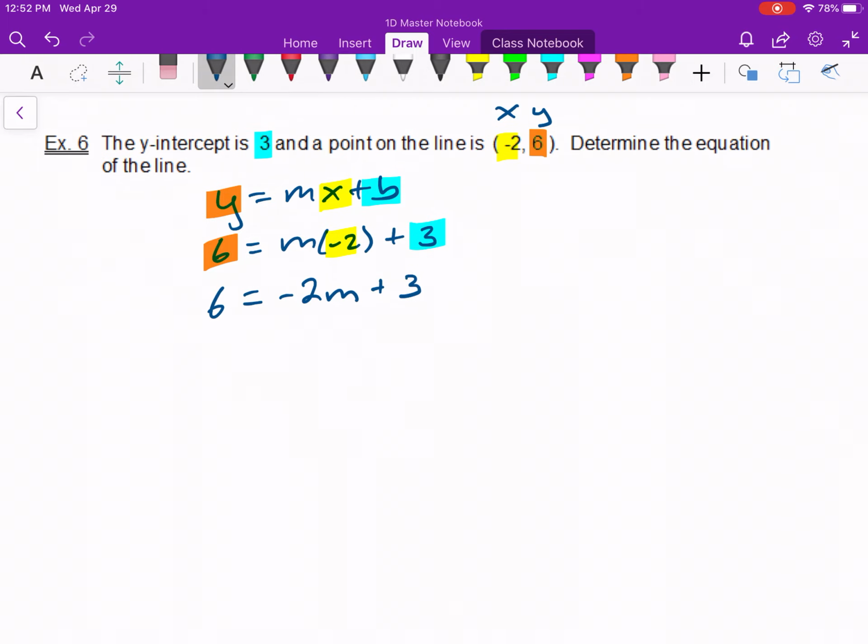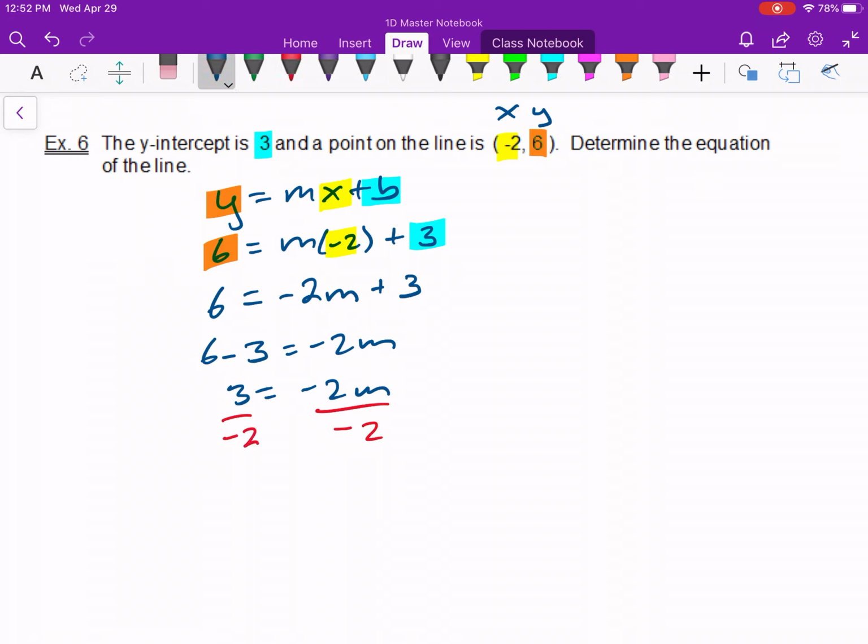So my first step would be to subtract 3 from each side. And I would get 6 minus 3 equals negative 2m. So 3 equals negative 2m. Then I would divide each side by negative 2 to get rid of that negative 2 on the right-hand side.